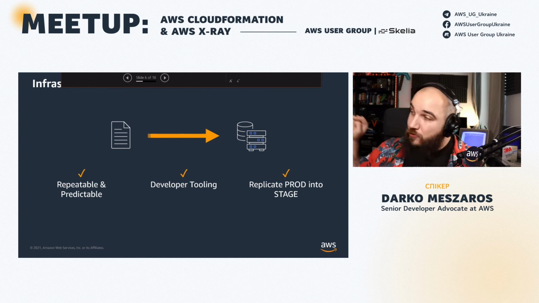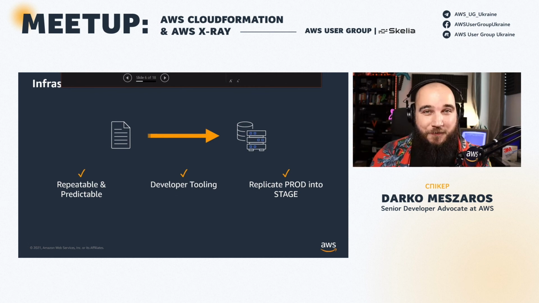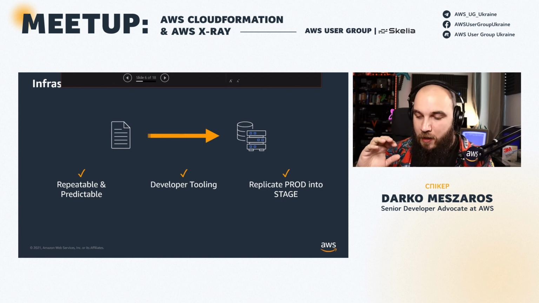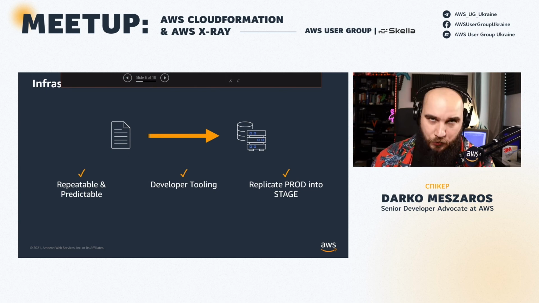And another thing I don't have defined here, but one of the things that is very important when it comes to infrastructure as code, especially for you playing around, testing things, is that it's so easy to delete things, right? Imagine you have a fresh new account and you want to spin up a web server with all the bells and whistles so you can play with things. You do that all manually.